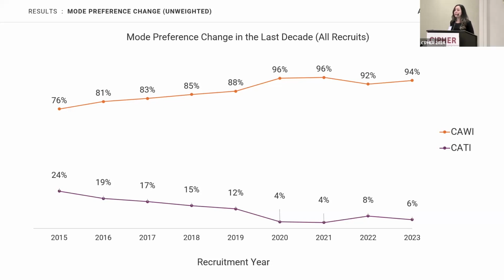So this is a huge decrease in CATI phone mode preference when we look at mode preference by recruitment here. And just to reorient you with these slides, we are looking at each recruitment year. So this is specifically in that recruitment year, when we give them the recruitment questionnaire, which mode did they select that specific year?